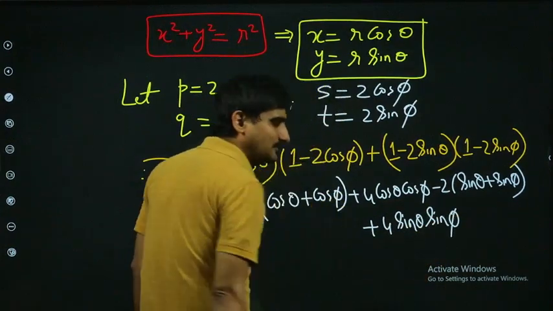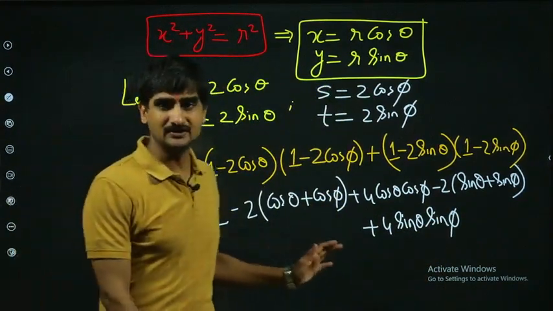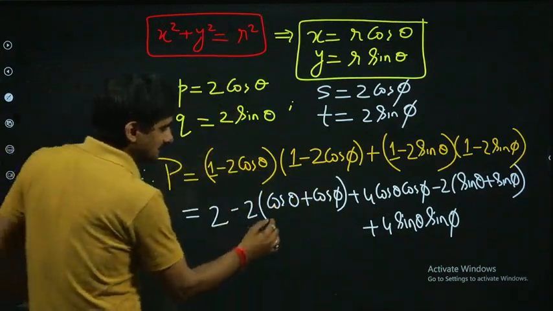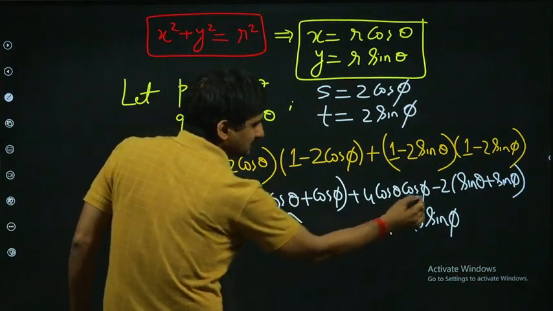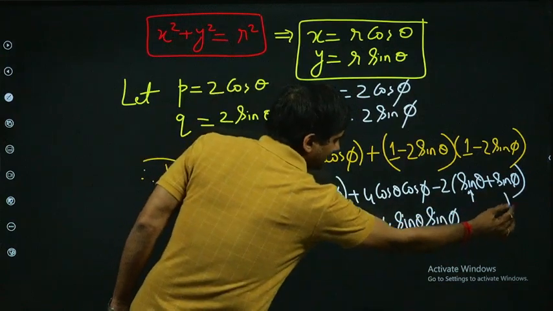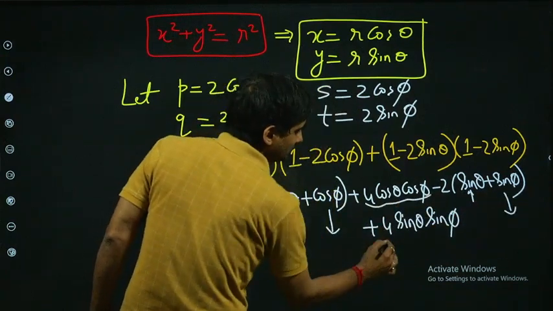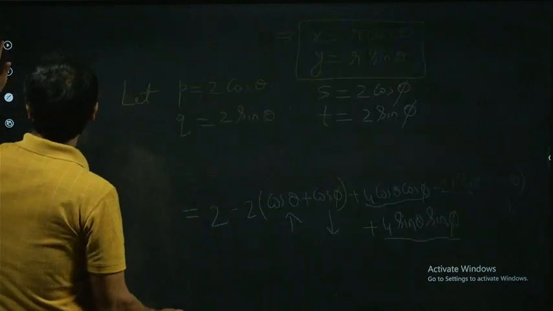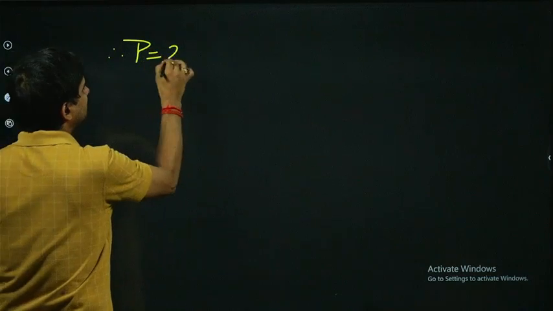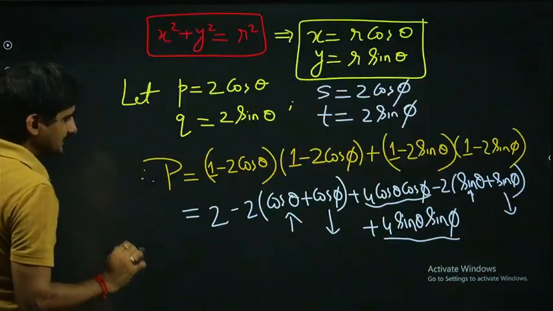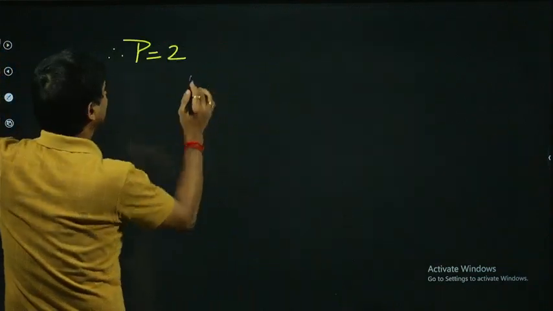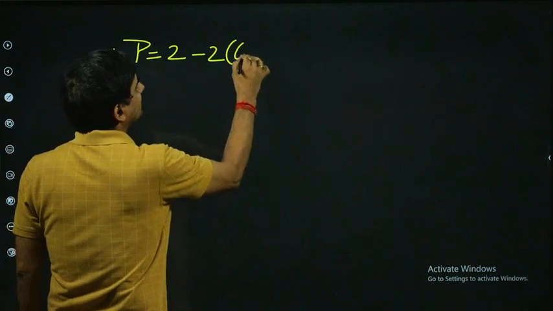Now there are several ways in which you can move ahead. The one I will suggest and the one which I chose is, I will collect the terms cos theta sin theta at one place, cos phi sin phi at one place, and these two at one place. So my P is 2 minus, as I said, I will collect these two terms at one place, so it's minus 2 cos theta plus sin theta.